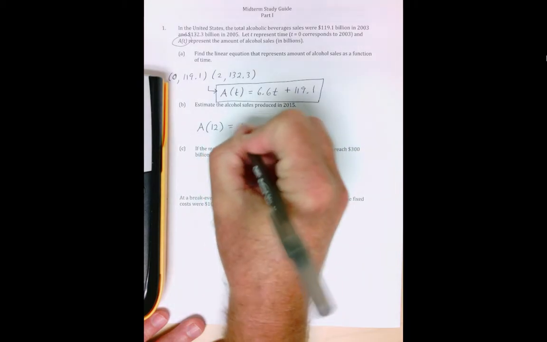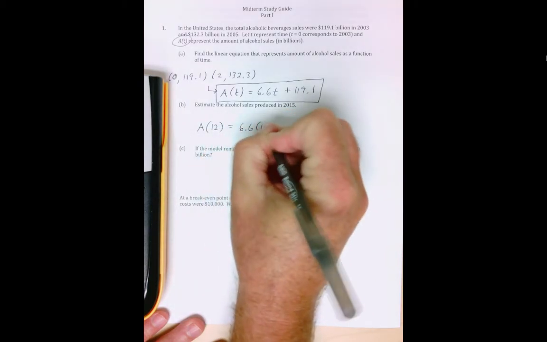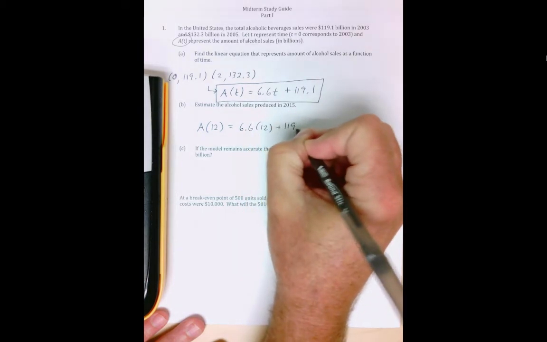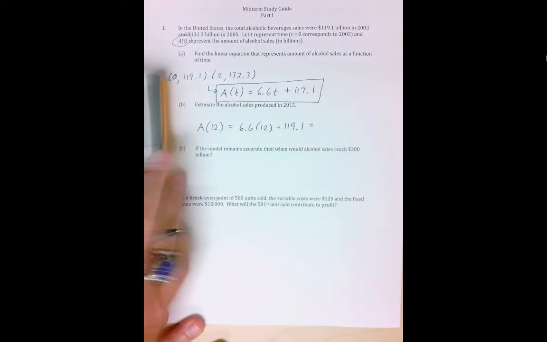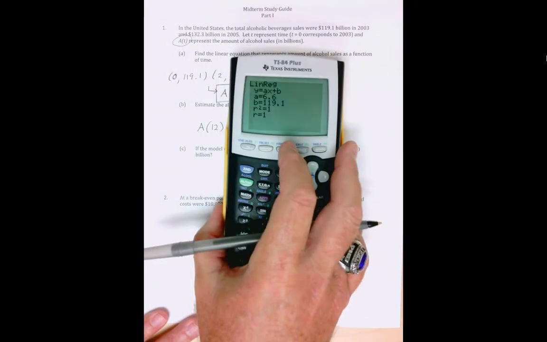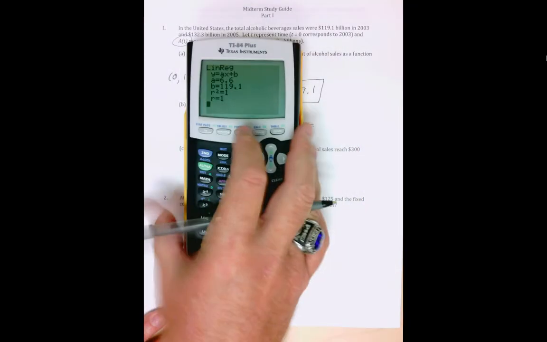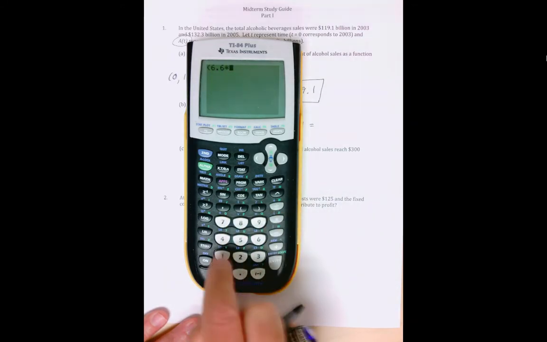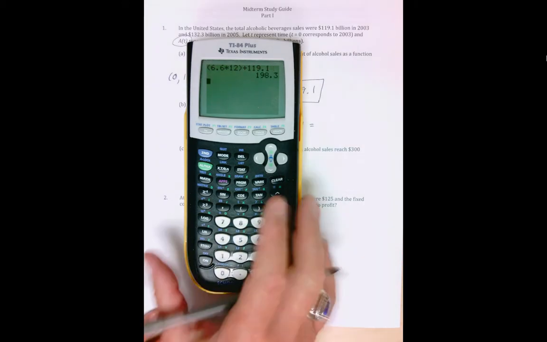So we're going to have 6.6 times 12 plus 119.1. Gang, I'm going to use my calculator there, as I would expect most of you to do. So I'm going to have 6.6 times 12 plus 119.1.